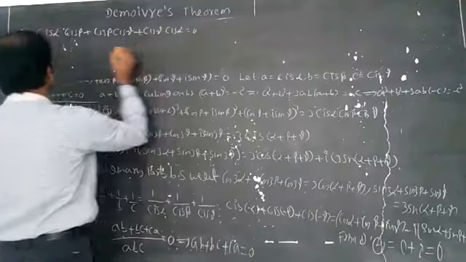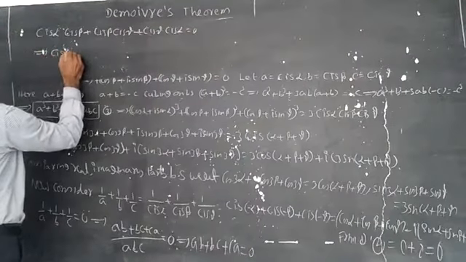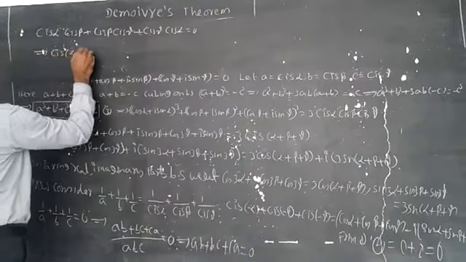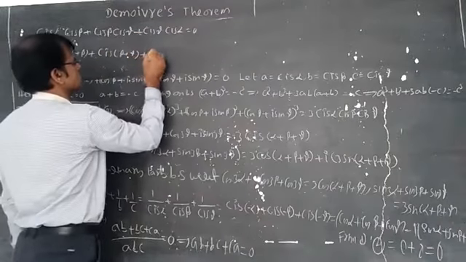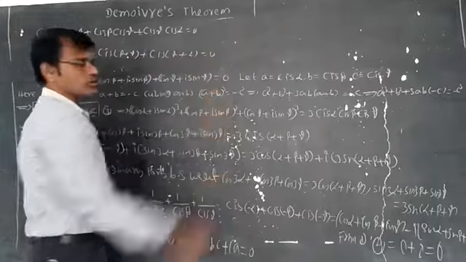Okay, next step I am writing. This is cis of alpha plus beta, plus this is cis of beta plus gamma, plus this is cis of gamma plus alpha, equal to 0.